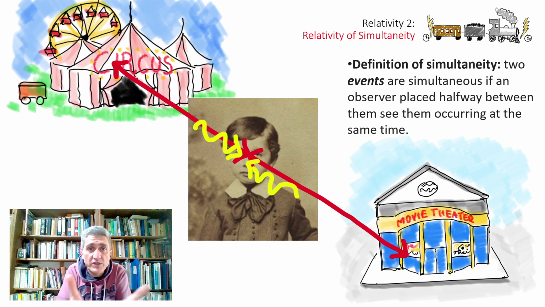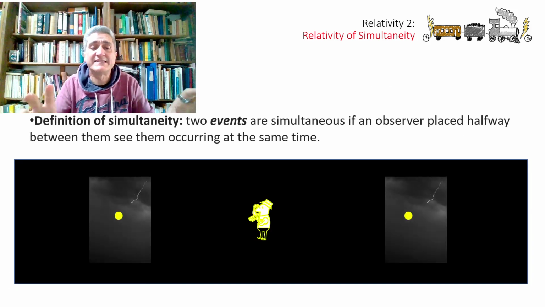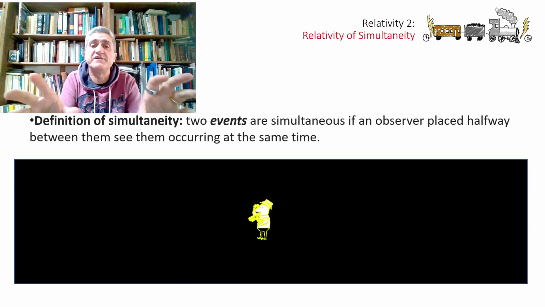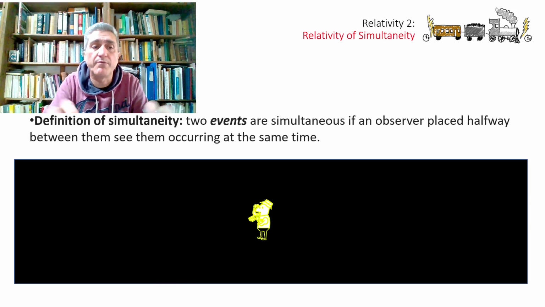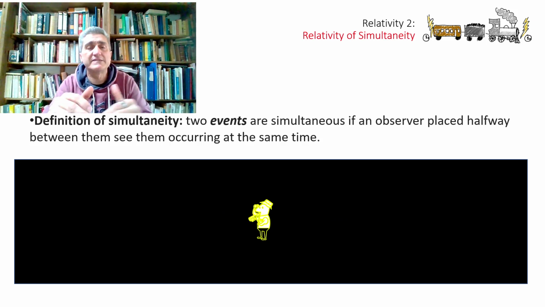These events, which happen in the same place by their very definition, happen at the same time too. For instance, two lightnings strike two points at the same time if an observer placed halfway between the two points receives the light coming from the two lightnings at the same time.